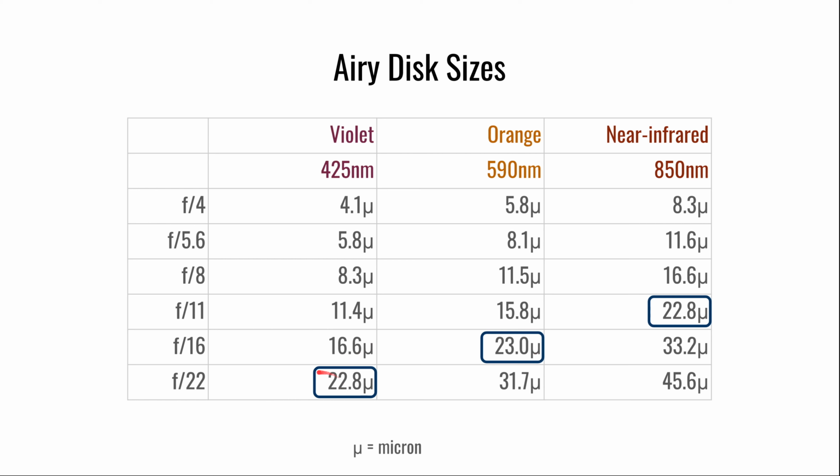So the size of the Airy disk for violet light at f22 is nearly the same as the size of the disk of orange light passing through f16, which is nearly the same as infrared light passing through f11. So you can start to see how the different wavelengths are going to impact your f-stops. These three have the same size of disk.